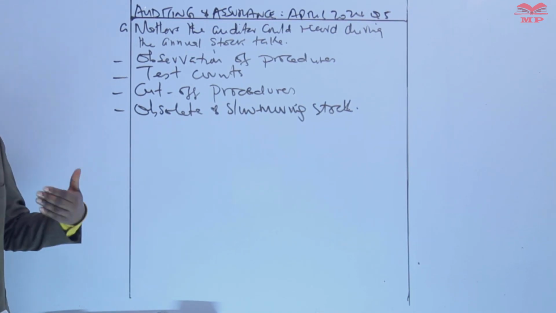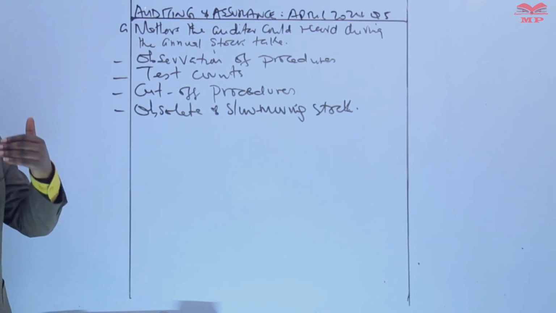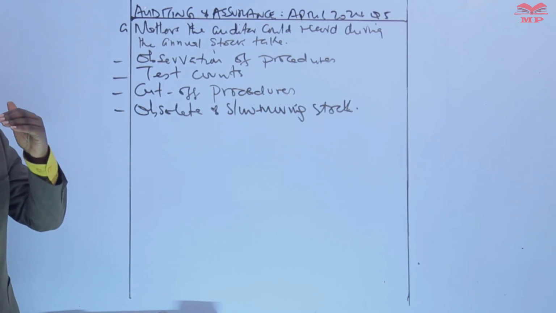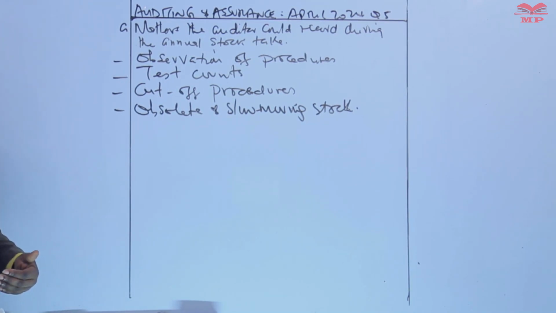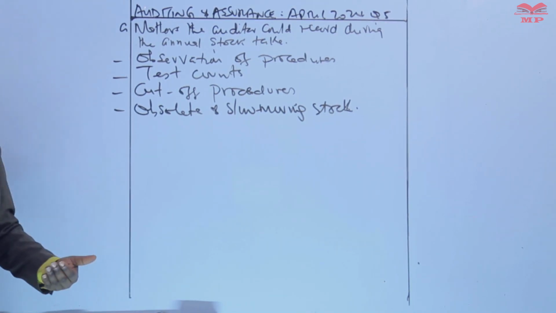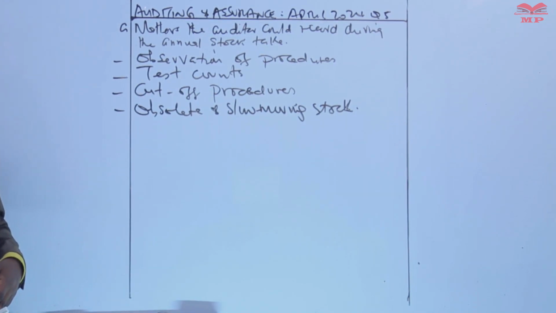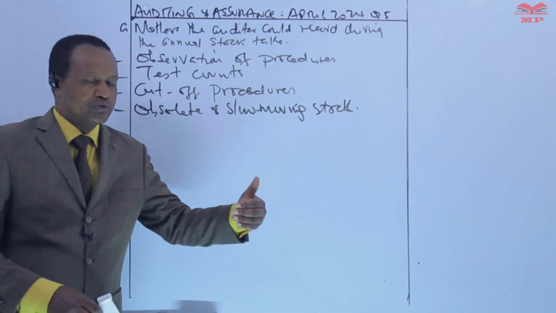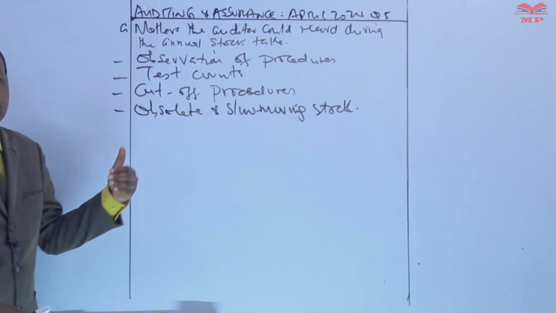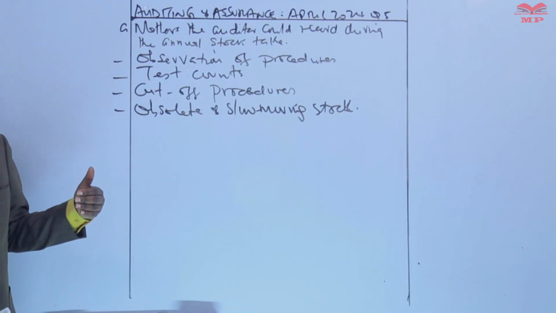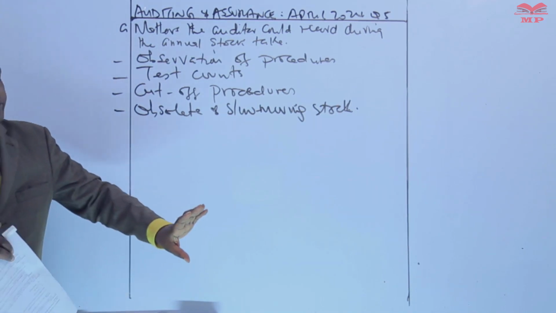The auditor should identify and record any items of stock that appear to be obsolete, the slow moving items, or even the damaged items, because such items may need to be written down to their net realizable value, which could have a significant impact on the financial statements.